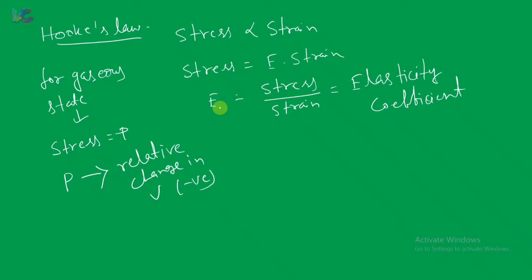Now E is equal to stress by strain, that means the elasticity coefficient is equal to stress by strain. Stress means we are applying pressure, that means dP, and strain means relative change in volume.